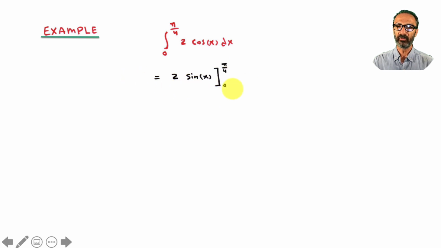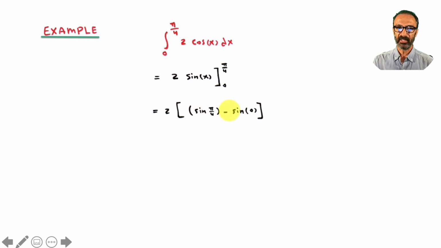We plug in pi over 4, plug in 0, subtract, make sure that 2 is for the whole thing. You could keep it with the sine as you go, or you take it out as a common factor from f of b minus f of a, if you want to call this one capital F of x. All right? What's sine pi over 4? And what's sine 0?